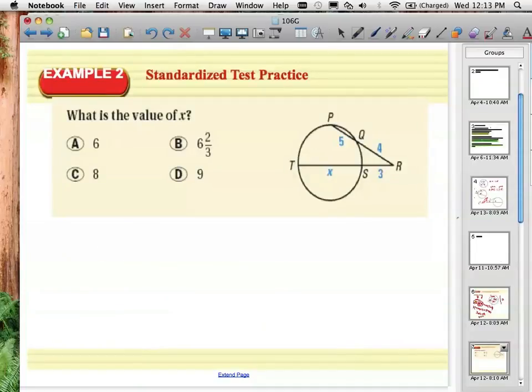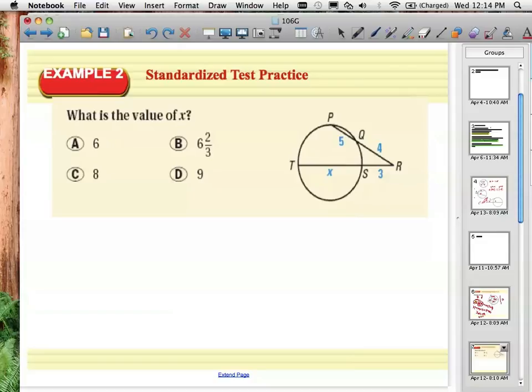Multiple choice. So really, what rule is this?